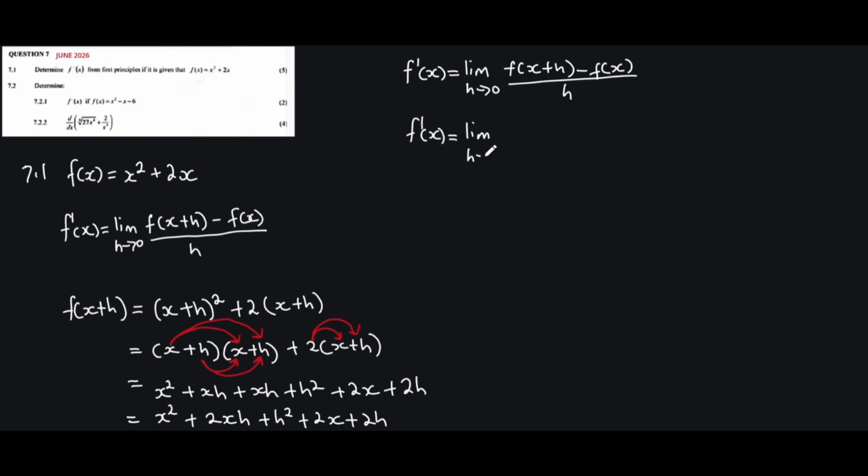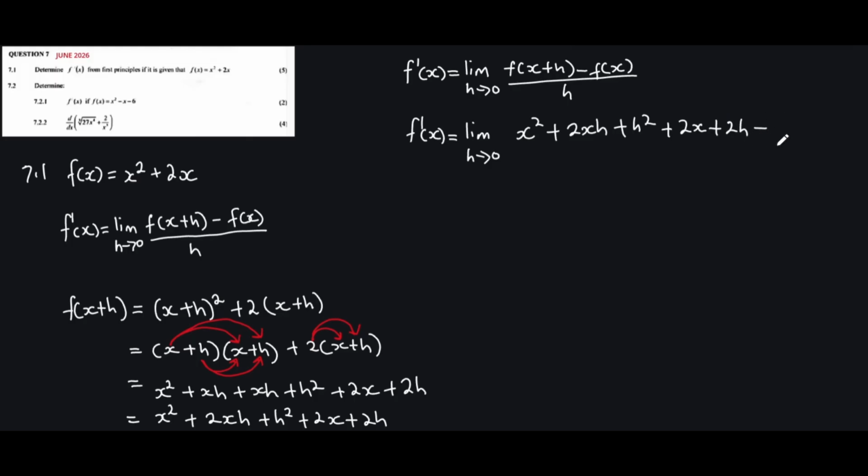So it's limit when h approaches 0. We know that f of x plus h is this. So it's going to be x squared plus 2xh plus h squared plus 2x plus 2h, right? And then we're going to say negative.